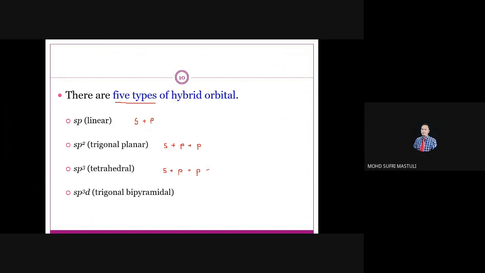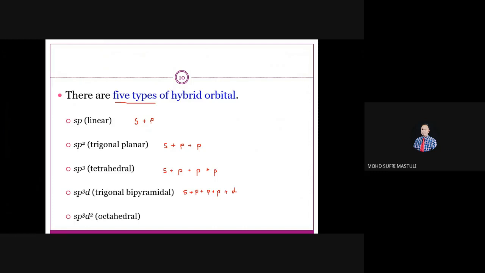Sorry, this one should be 3. So sp3d is 1s, 3p, and 1d orbital. Sorry, it's a bit slow because I am scrolling this.